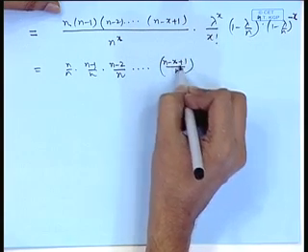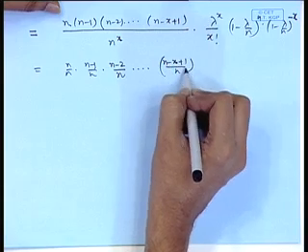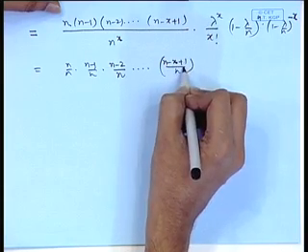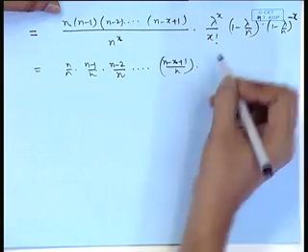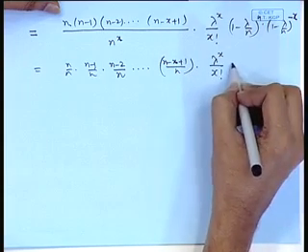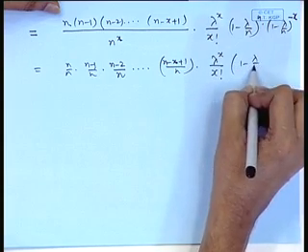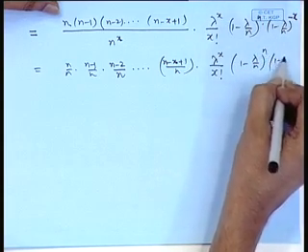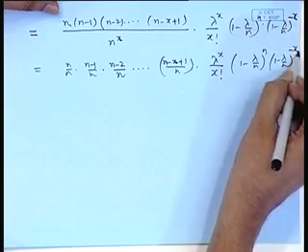Therefore, for a fixed x, as n tends to infinity, n minus x plus 1 by n will go to 1. Then we have lambda to the power x by x factorial, 1 minus lambda by n to the power n, 1 minus lambda by n to the power minus x.